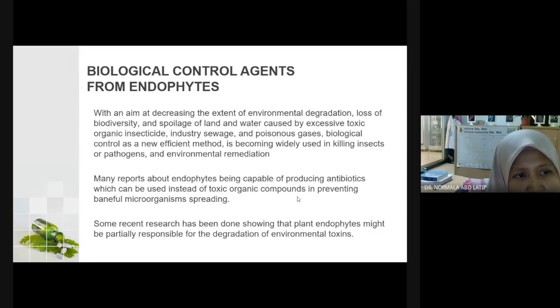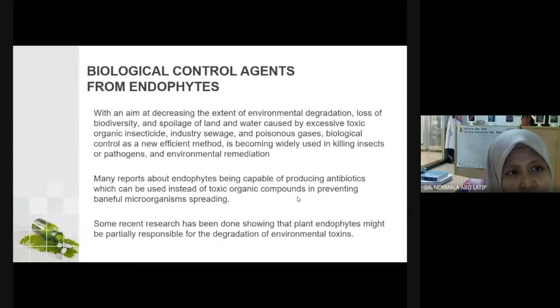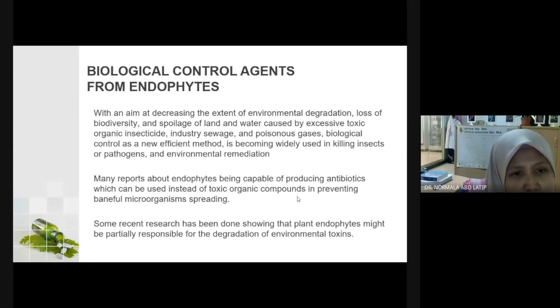Now they are using endophytes as biological control to address these problems, and it has been found to be an efficient method, widely used in killing insects or pathogens, and also for environmental remediation.